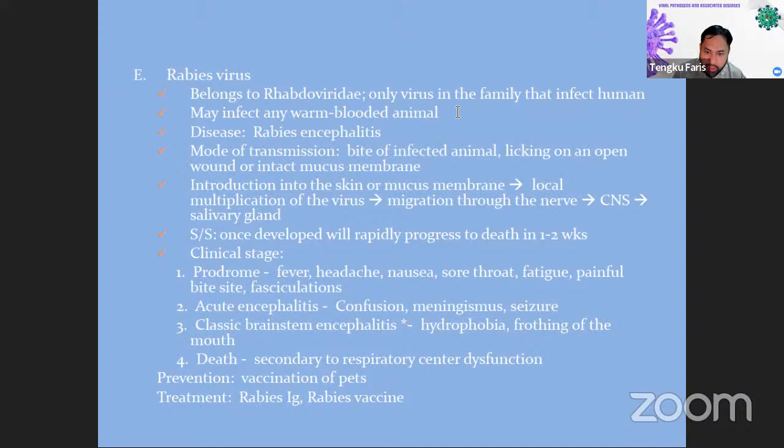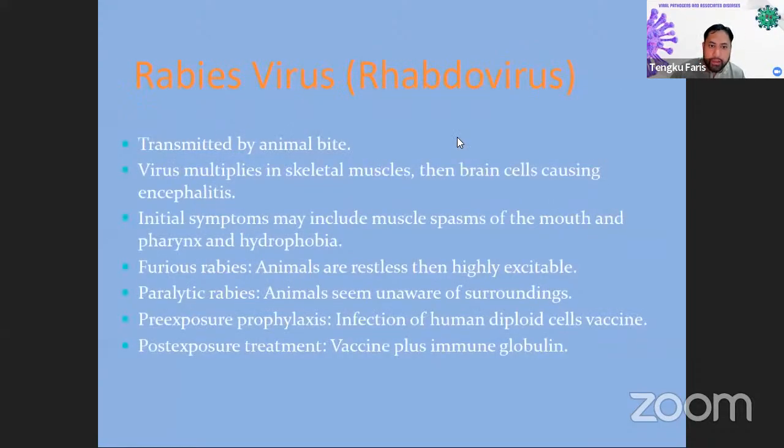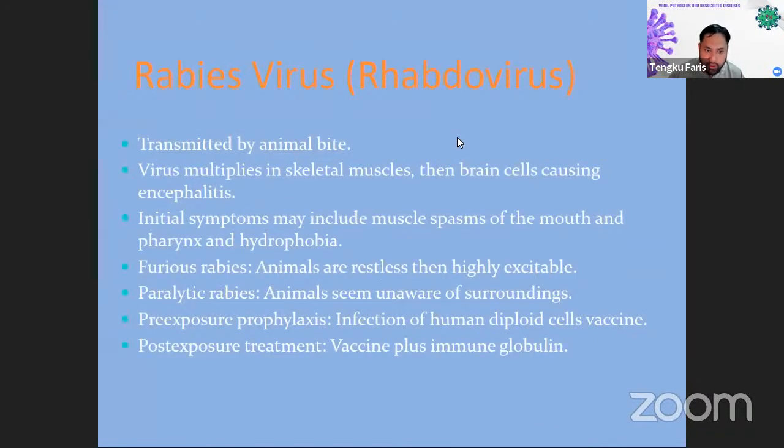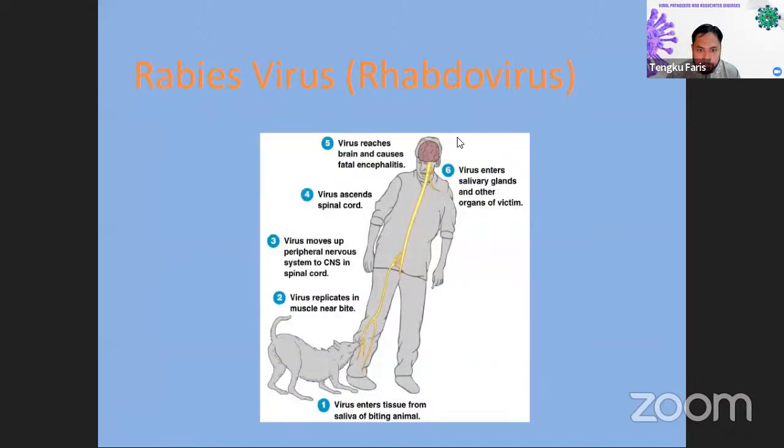So make sure quickly, once you get bitten, don't allow the virus to multiply inside your cells. Rather, quickly go to the hospital. Okay. Most commonly, rabies virus we treat with the immunoglobulin or antibodies or just vaccines. Right. This is an example, the step when the virus enters the tissue from saliva, and after that, it can cause the death.